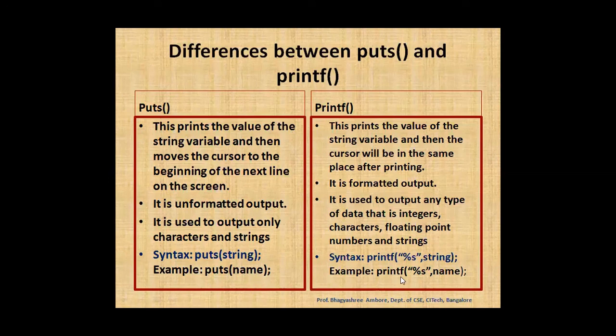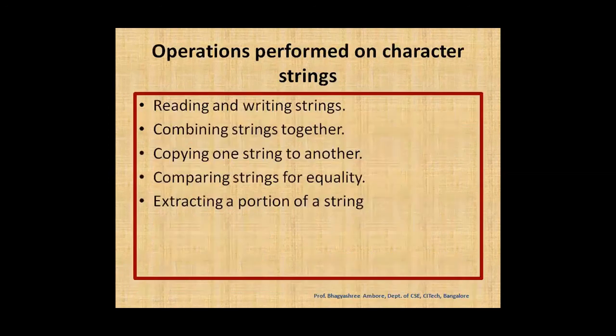In printf, we have to use %s and then give the same array name as a parameter, a character array name. So puts will start with a new line, but printf will print in the same line. That is the difference between puts and printf.